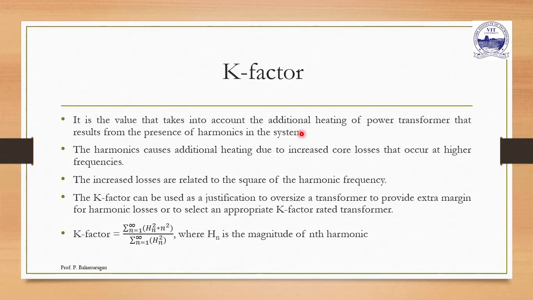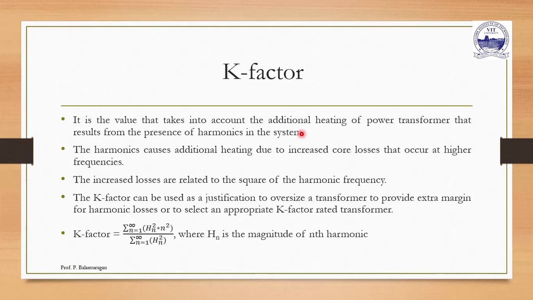So in order to meet such a requirement, I should go for specially designed transformers called K-rated transformers, which include the additional heating effect due to the presence of the harmonic current and voltage.